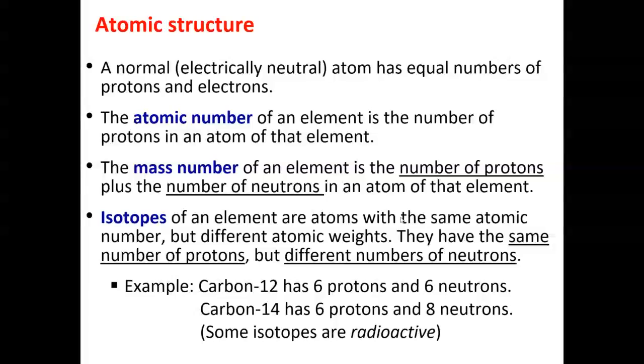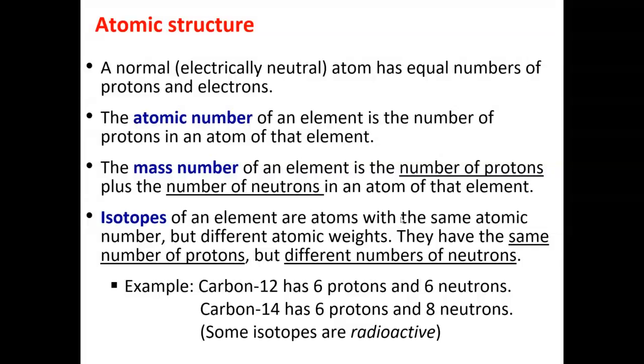We said the number of protons is always the same within an element, but the number of neutrons can be different. An example is carbon. Most carbon atoms, like 99% of carbon atoms, have 6 protons and 6 neutrons, so we call that carbon-12. That's its mass number.